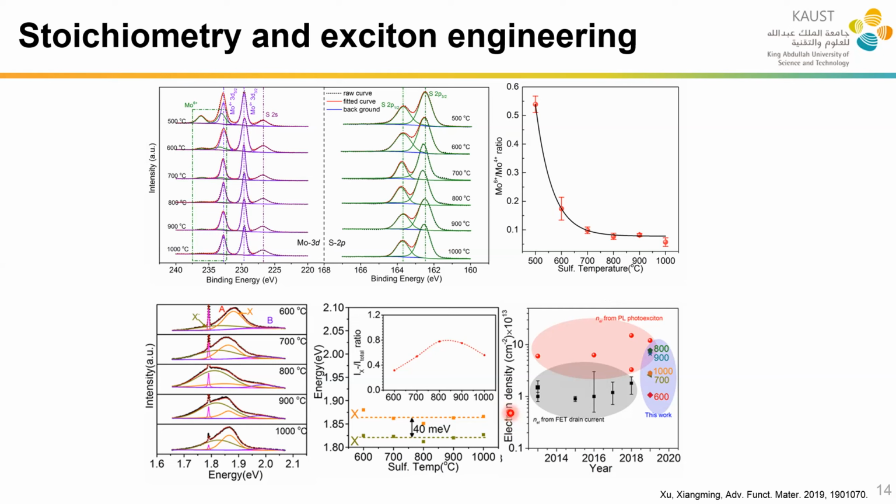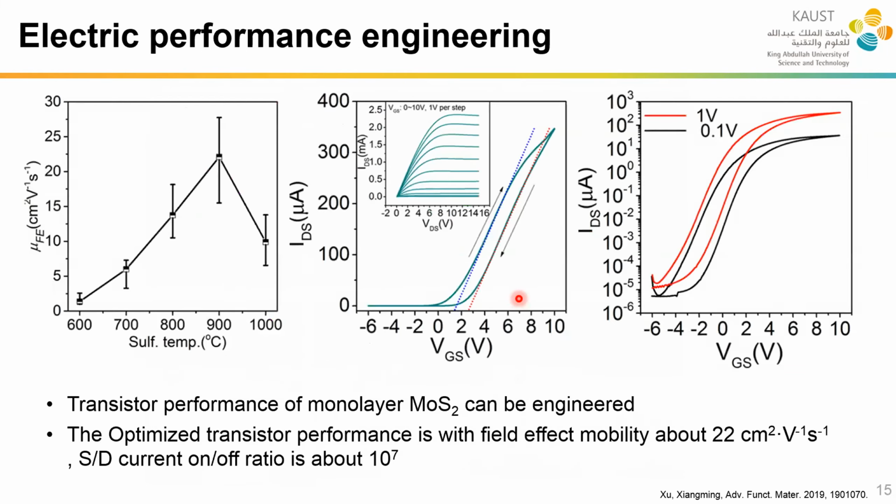Also the relevant PL, I mean, especially the optical and electronic properties. I will not give a detailed explanation, but I just want to show that this is one of the advantages of our epitaxial phase conversion, because we can really engineer the monolayer film without worrying that the uniformity will be destroyed.